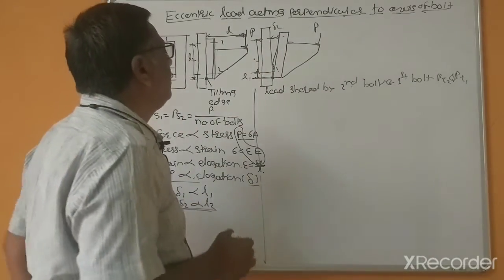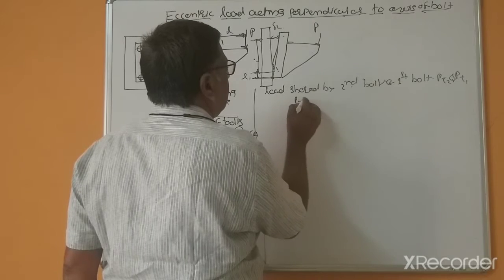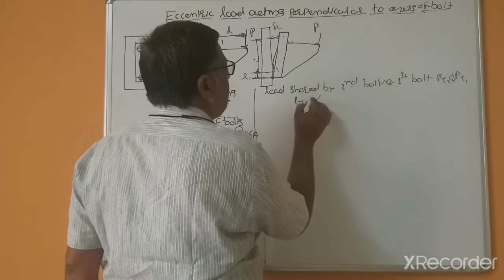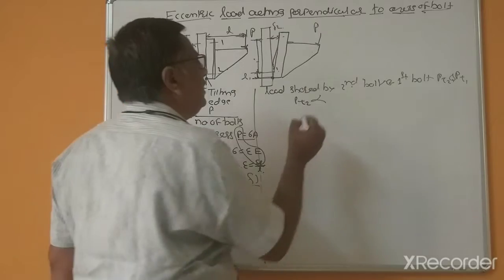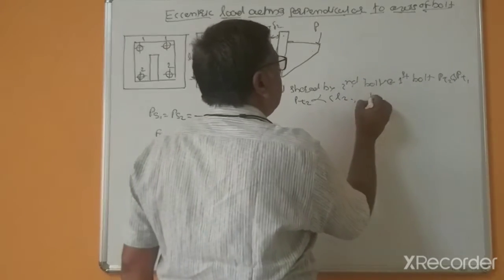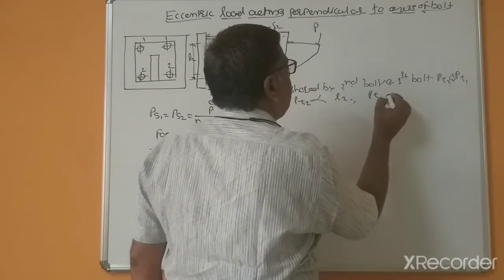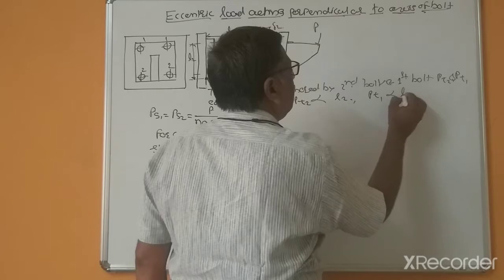So PT2 is directly proportional to C into L2, and PT1 is directly proportional to L1.